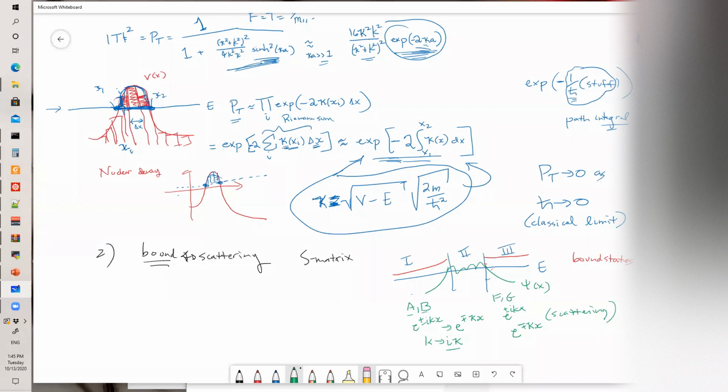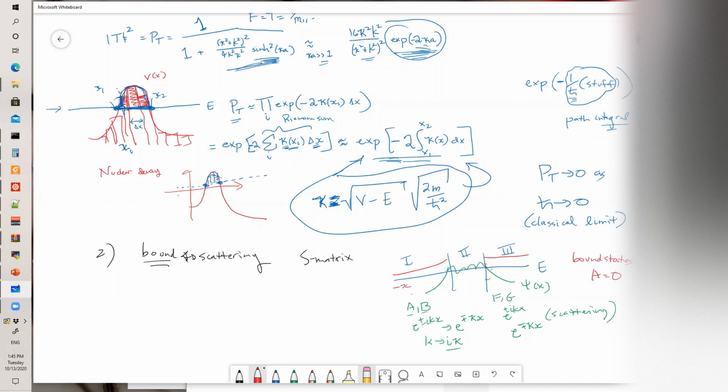And if we think about what a bound state requires, it requires exponential decay. So here it would set the A coefficient to 0, because that would correspond to minus kappa x, and we have negative x out here.